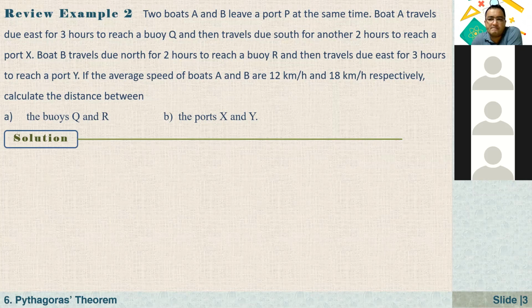Boat A travels due east for 3 hours to reach buoy Q, and then travels due south for another 2 hours to reach port X. Boat B travels due north for 2 hours to reach buoy R, and then travels due east for 3 hours to reach port Y. If the average speeds of boats A and B are 12 km per hour and 18 km per hour respectively, calculate the distance between Q and R and between the ports X and Y.